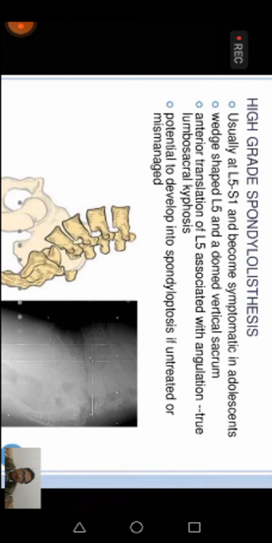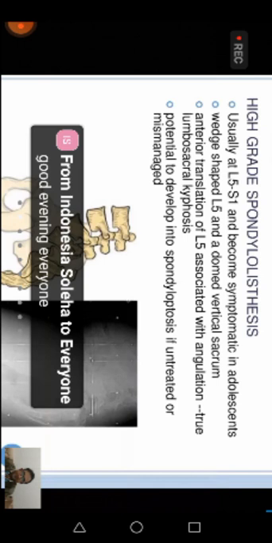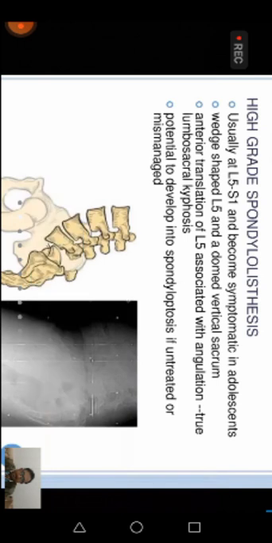L5-S1 is usually more common, and there is certain wedging also. If you observe the L5 vertebra, there is certain wedging. This wedging is because of the posture changes that occur in them. And it may also be because of the lumbosacral kyphosis, the anterior translation.